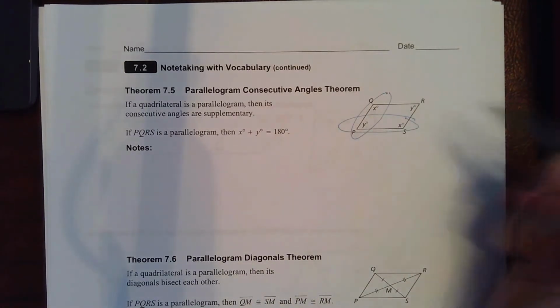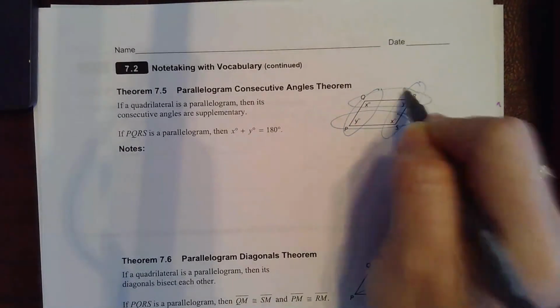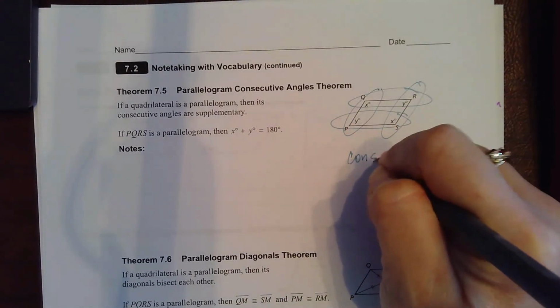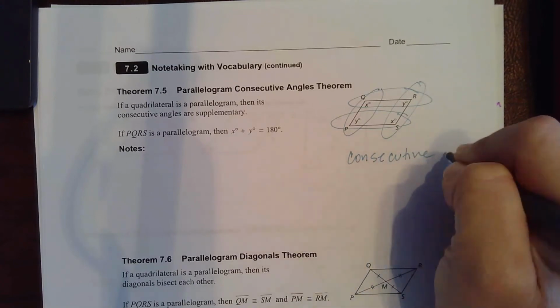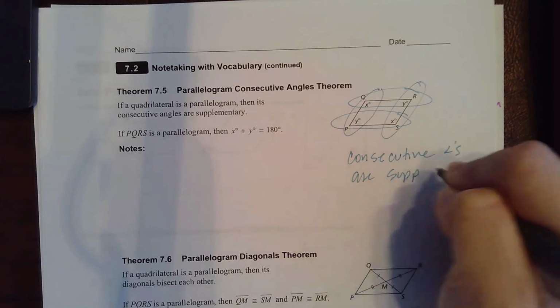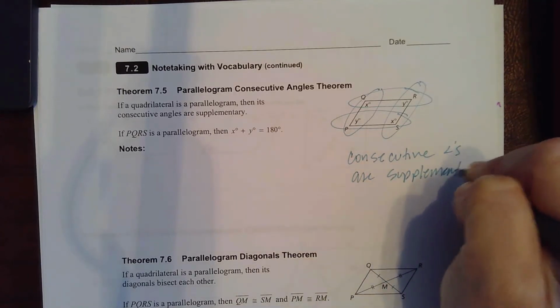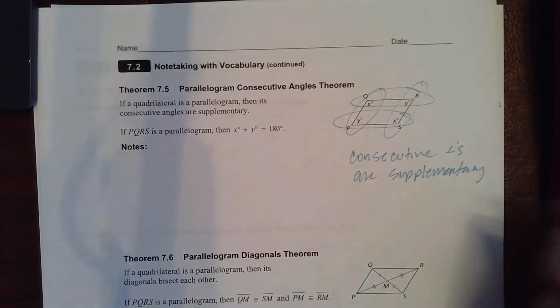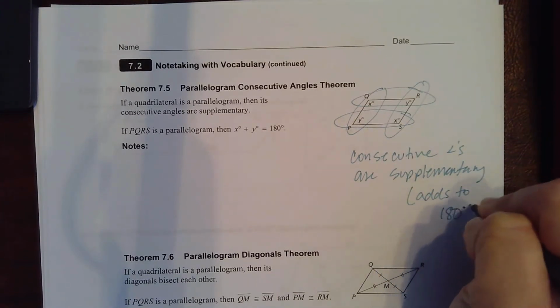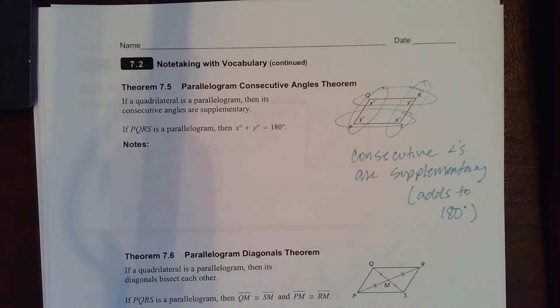Any two angles that are in a row: those two, these two, these two. Consecutive angles are supplementary. Remember, supplementary is a vocab word we've used quite a bit; it adds up to 180 degrees.